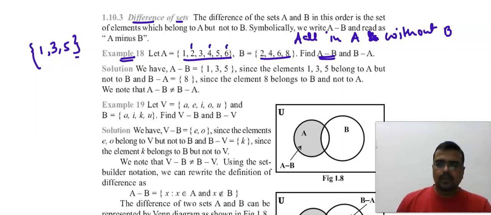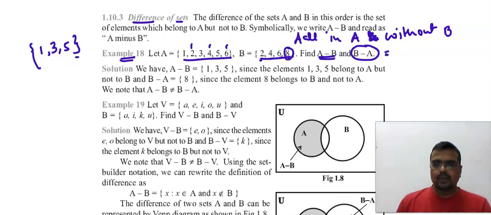Now what is B minus A? B minus A means whatever is there in B except A. So the elements of B you can see here 2, 4, 6 and 8. All these elements whichever are in A as well, they will be removed, right? So we are left with only 8.